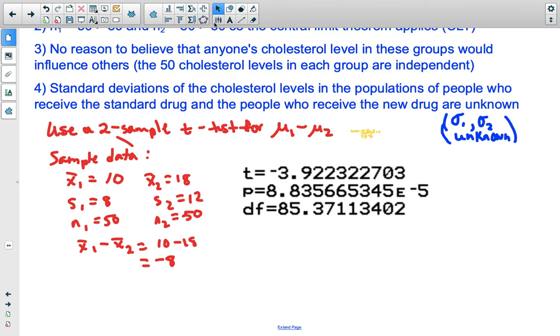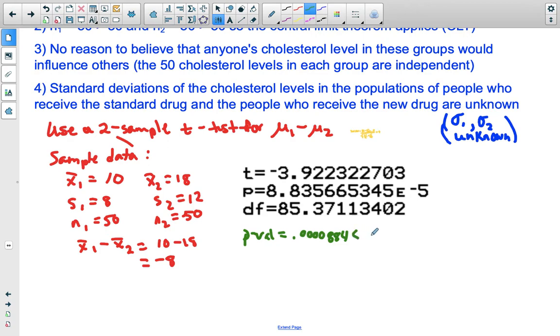So what do we say for our conclusion? So our p-value, according to our data, is equal to 0.0000884. That is what 8.8 times 10 to the negative 5th is.